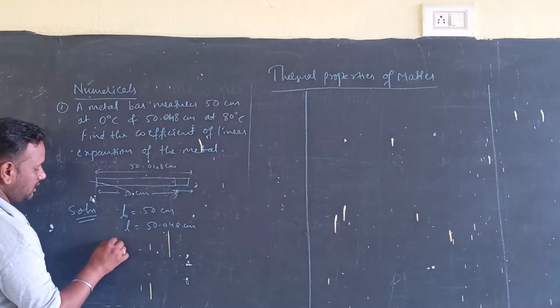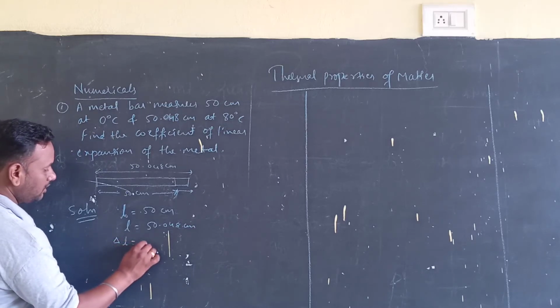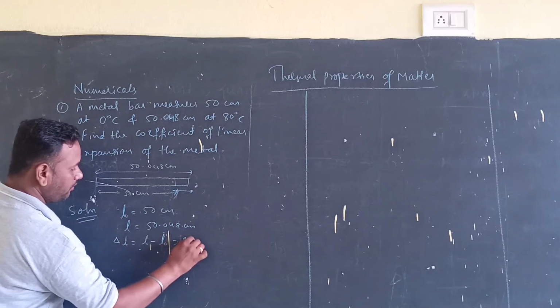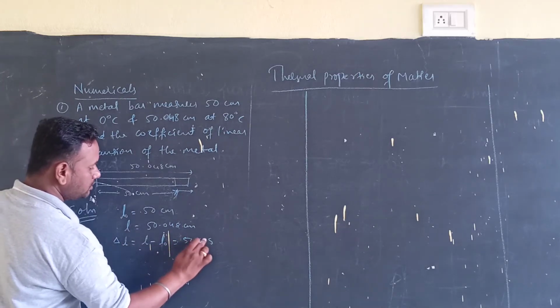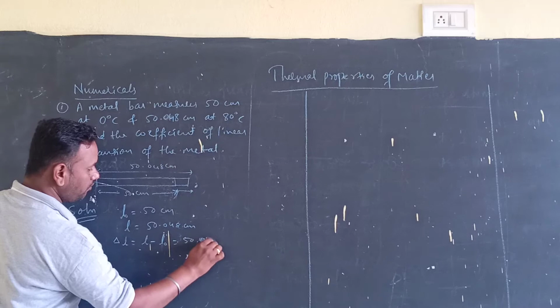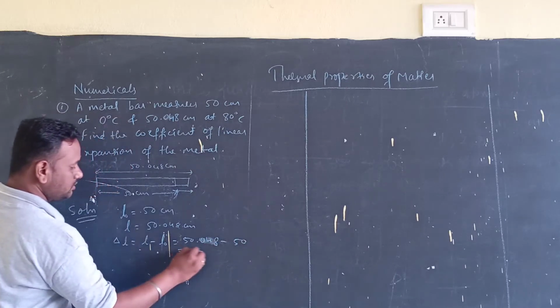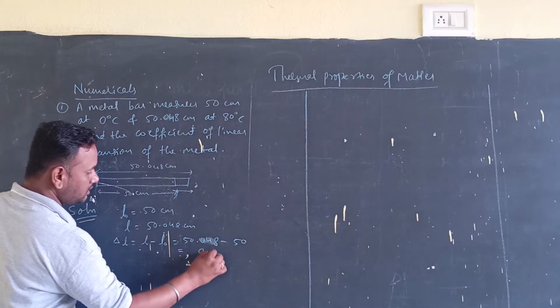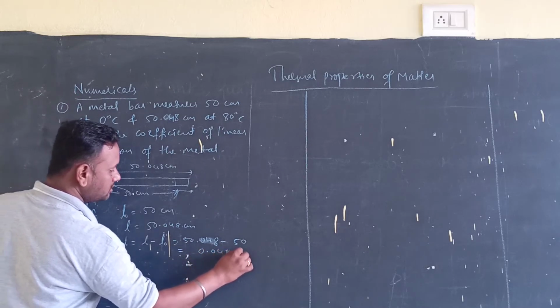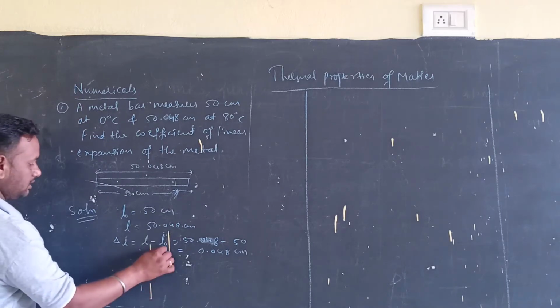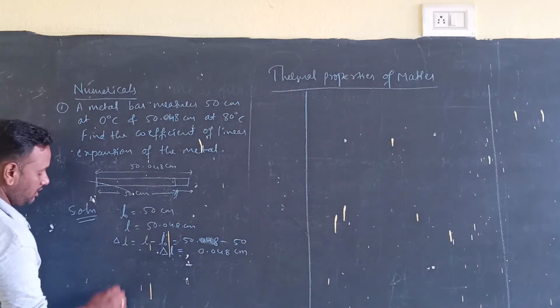So change in length is how much here? L minus L0, that is 50.048 minus 50. So it is 0.048 centimeter, which is the change in length.